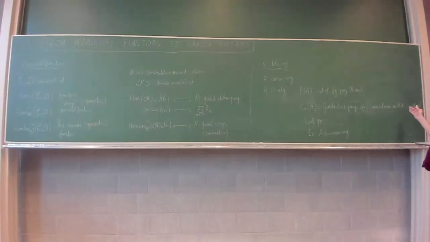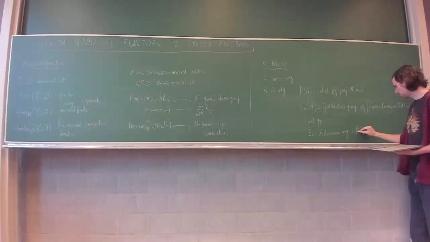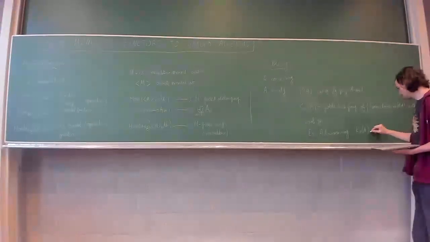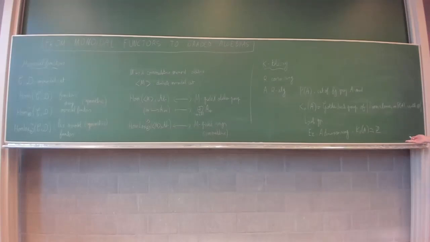They're just classified by dimension. So this monoid is just N, and you add inverses, so that's just Z. Easy case. In general, it's very difficult to compute.